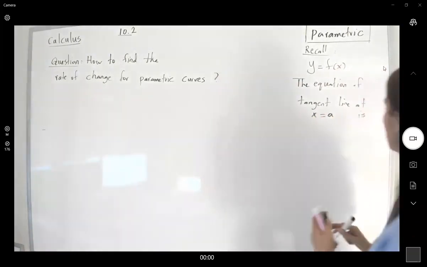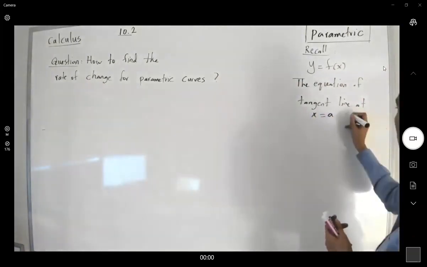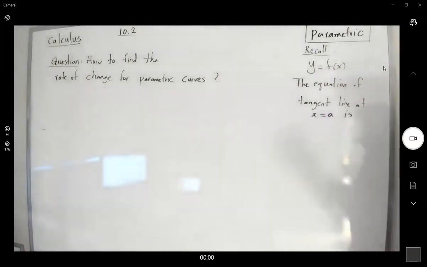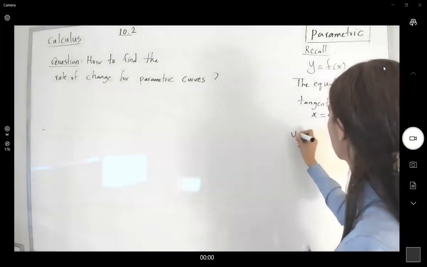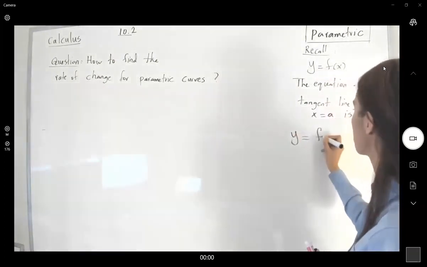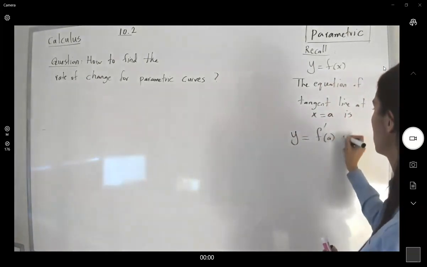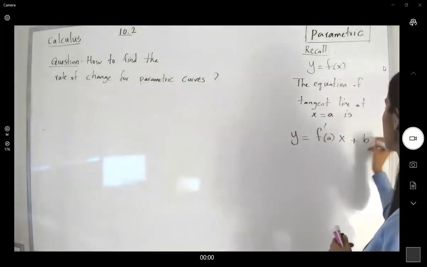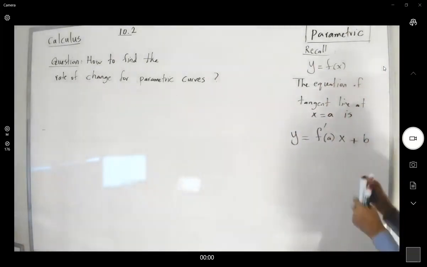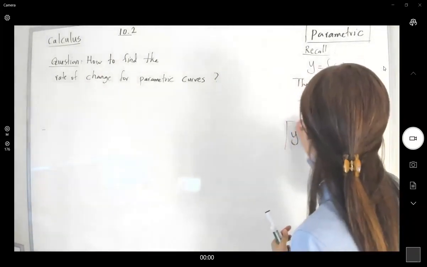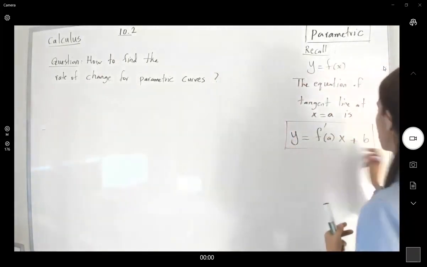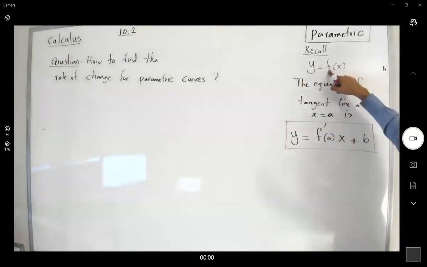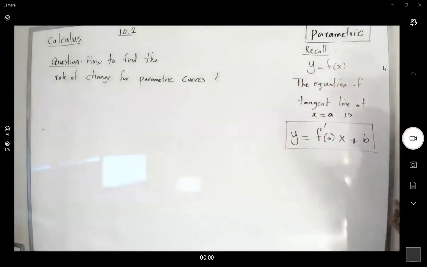I don't want you to get confused. It is y equals f prime at a times x plus b. This is the equation of the tangent line, by taking the derivative of the function and plugging in a.